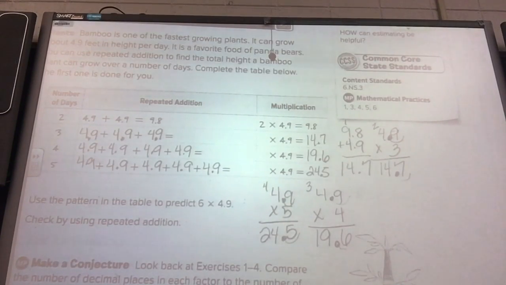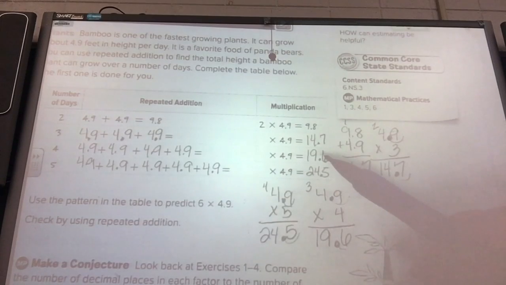All right. So if we did use the table to predict, what do you think would come next? You know what I noticed? Between 14 and 19, 14, 15, 16, 17, 18, 19, it goes up by 5.